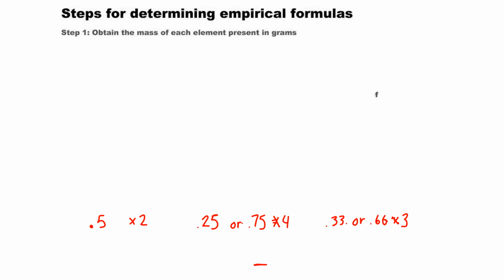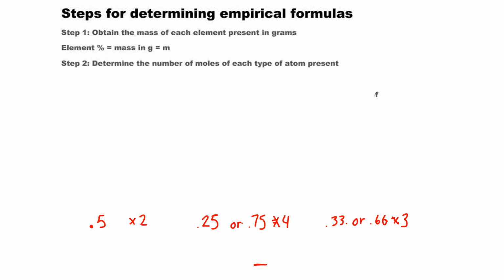The first step is we need to obtain the mass of each element in the compound in grams. If you're given percentages of elements, we can assume 100 grams, and just convert those percentages to grams, because percentages should all total up to 100.